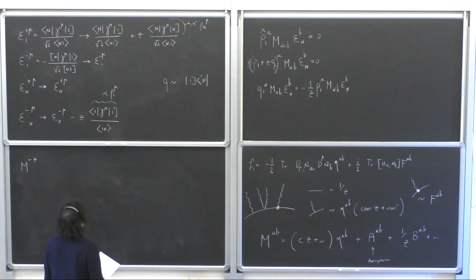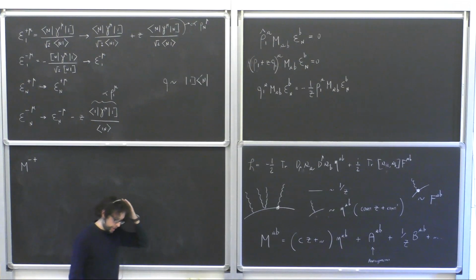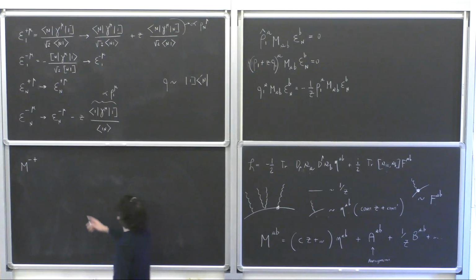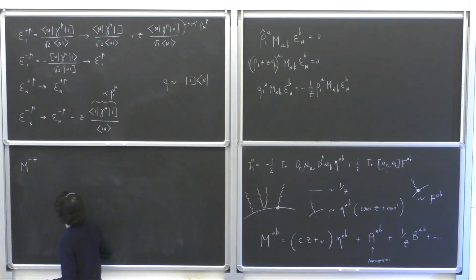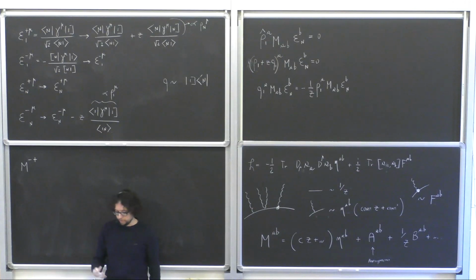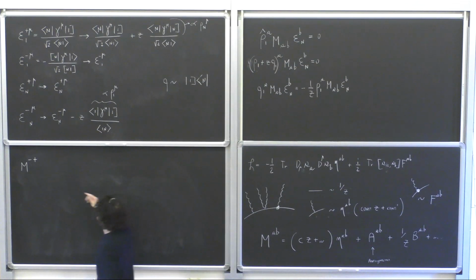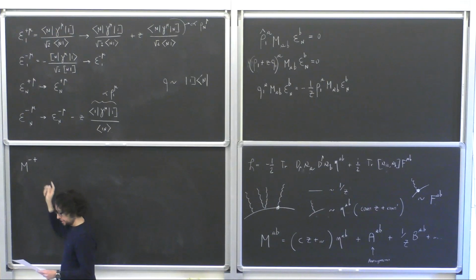Keep in mind that in the way in which I have implemented my recursion, the order of this plus and minus matters. Leg number 1 is a leg in which the shift involves only the square spinor, right? So having a minus polarization here is very much related to that.